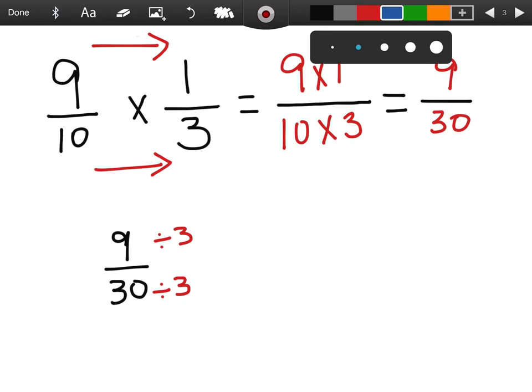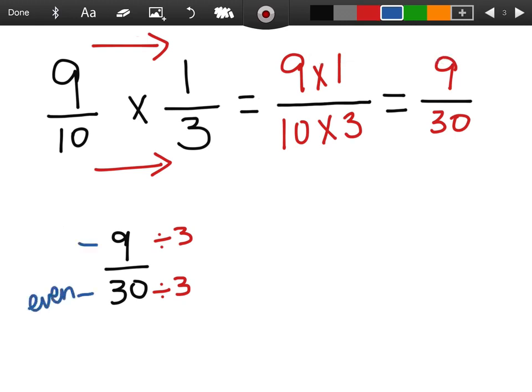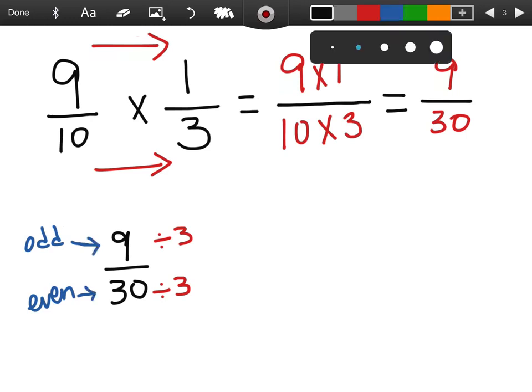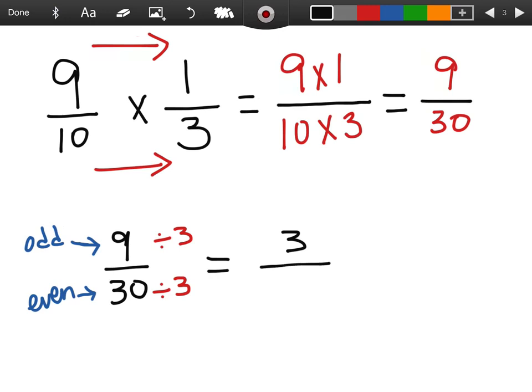I know 9 and 30 are both going to be divisible by 3. They are not both even numbers. Even though this one is even, this one is an odd number. And if they are not the same, I cannot divide by 2. So keep that in mind. In order to divide by 2, they must both be even numbers.